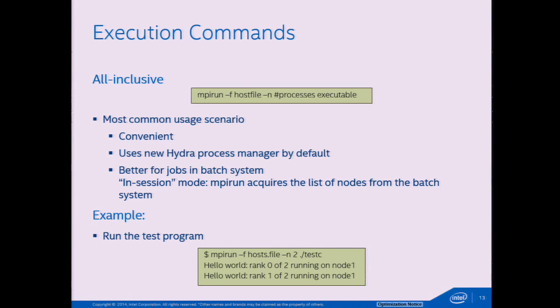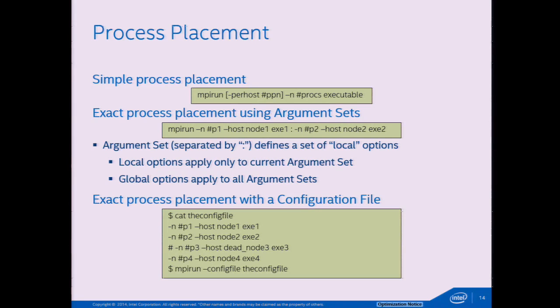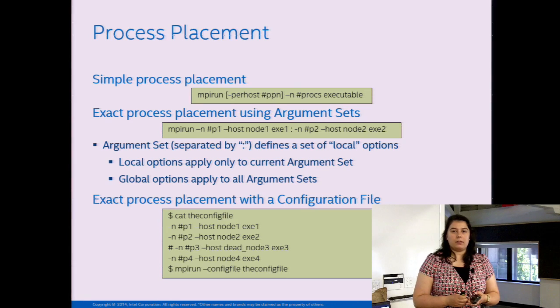You can easily overwrite that by setting a runtime option, the -perhost switch. What that helps with is hybrid programming, if you have MPI plus OpenMP or any other sort of threading. In that case, you probably don't want to fill up all of your cores with MPI ranks. You probably want 1 MPI rank per socket or even 1 MPI rank per node, and then have the rest of the cores available for your OpenMP threads.